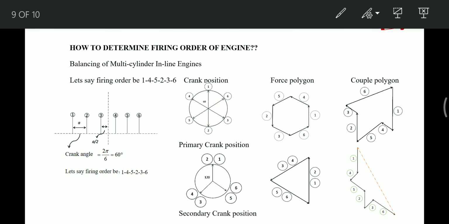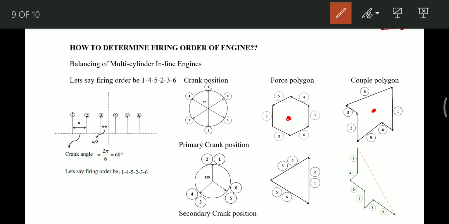Now let's draw the force polygon and the couple polygon for the system. We can see from the diagram that the force polygon is again closed, meaning the forces for the primary crank positions are balanced, and the couple polygon for the primary crank position is also a closed polygon.